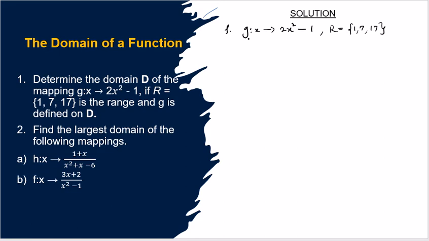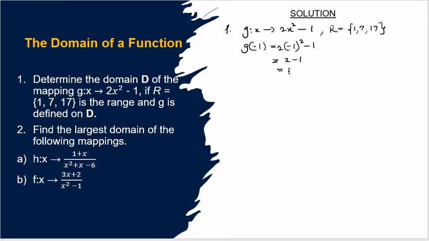In this function, we are going to start with g(-1). g(-1) will give us 2 into (-1) squared minus 1. That gives us 2 minus 1, and that is 1.